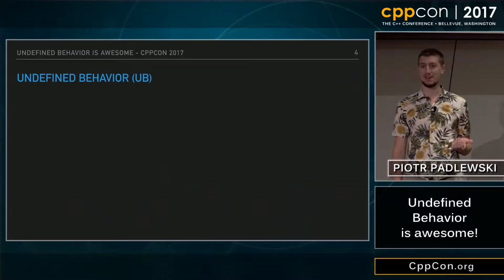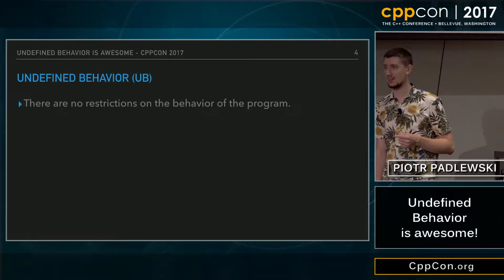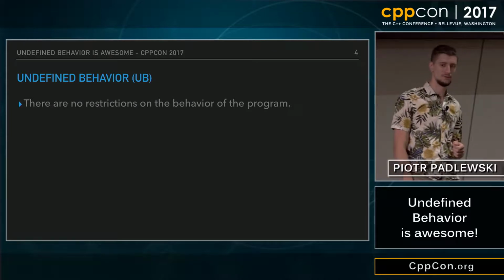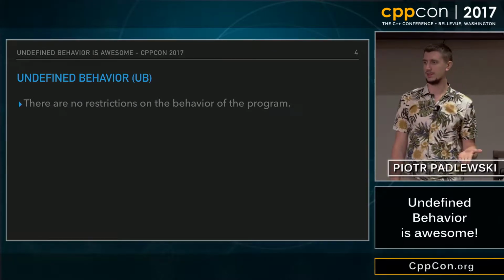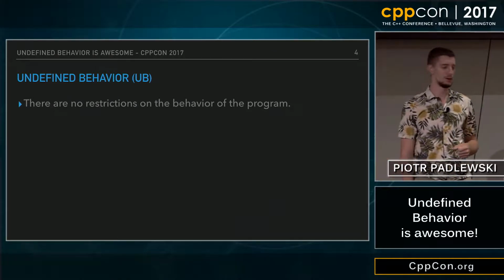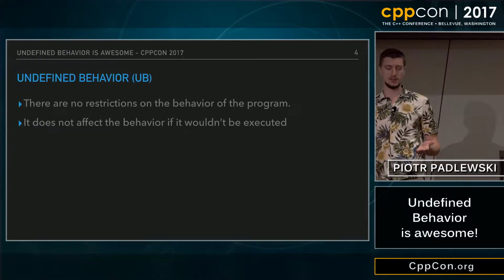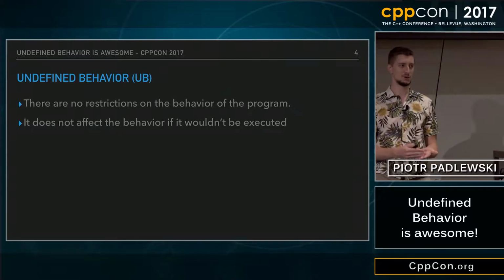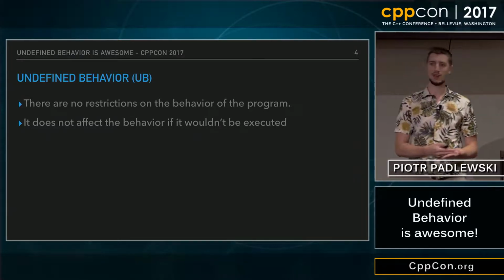So what is undefined behavior? Basically, the C++ standard says there is no restriction on the behavior of the program. But when does it affect the behavior of our program? It only affects it if we actually execute the thing, or if the compiler knows that we would actually execute it.